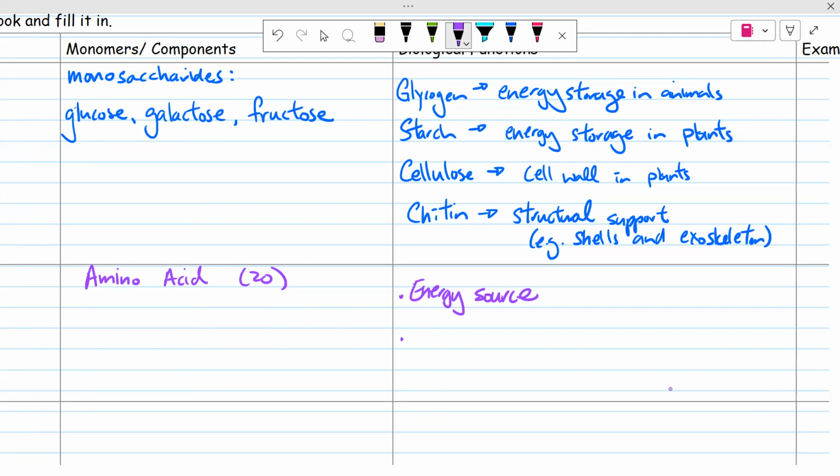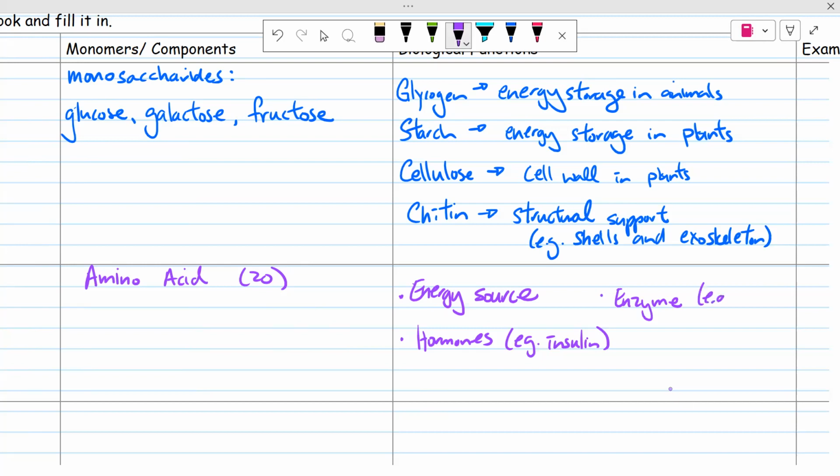What else do we need proteins for? Anybody? What's that? For hormones, that's right. Such as insulin, right? What's another function for protein? Enzymes, yeah. Which is to catalyze chemical reactions, to speed up chemical reactions.